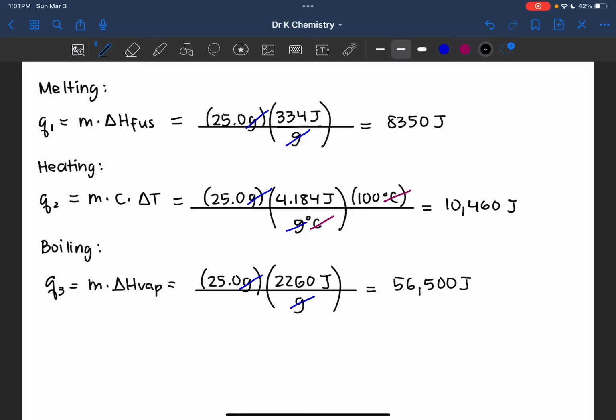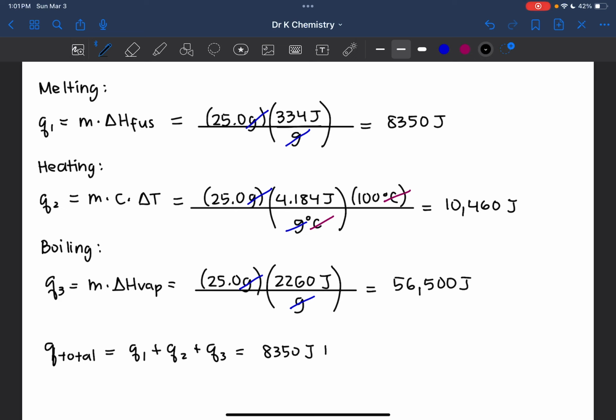And when I plug that in, I get 56,500 joules. Now to get the total heat, all we're going to do is take these values and add them together, and then we can convert them to kilojoules at the very end. Q total will be the sum of Q1, Q2, and Q3.